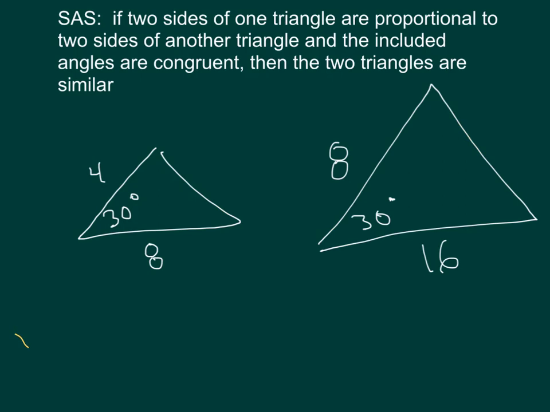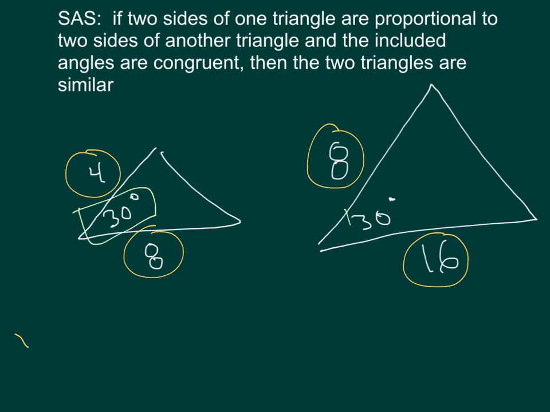So side angle side: if two sides of one triangle are proportional to the two sides of another triangle, here we have 4 and 8 are proportional, 8 and 16, same proportion, and the included angles are congruent, here this is 30 degrees, this is also 30 degrees, then the two triangles are similar.